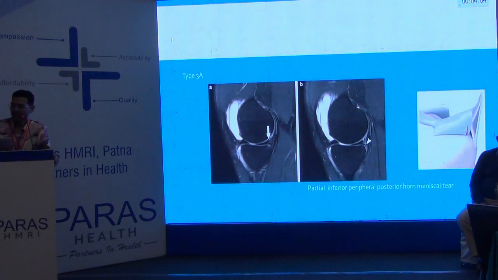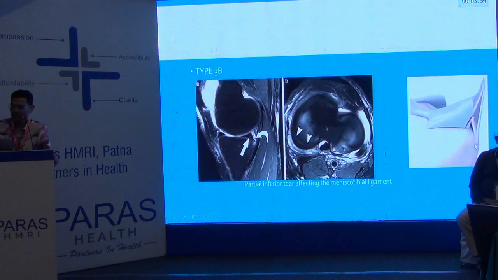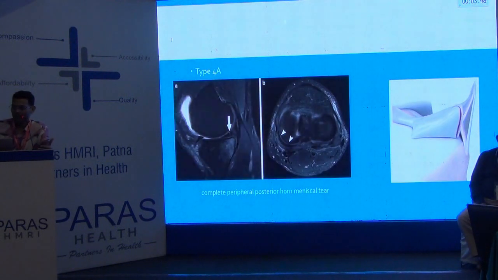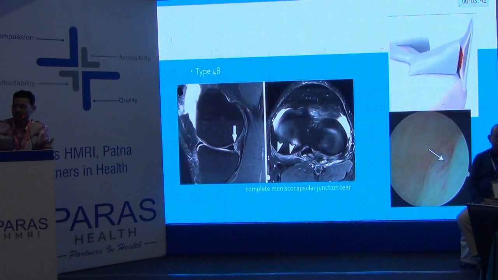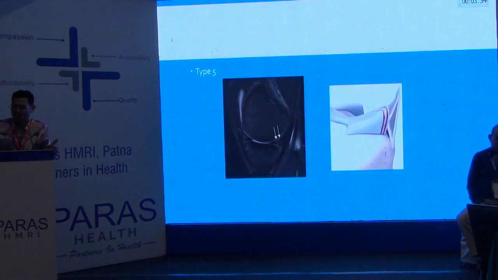Type 3A, the partial inferior peripheral posterior horn meniscal tear. 3B, the partial inferior tear affecting the meniscotibial ligament. 4A is a complete peripheral posterior horn meniscal tear. 4B is a complete meniscocapsular junction tear. And 5 is the double tear.